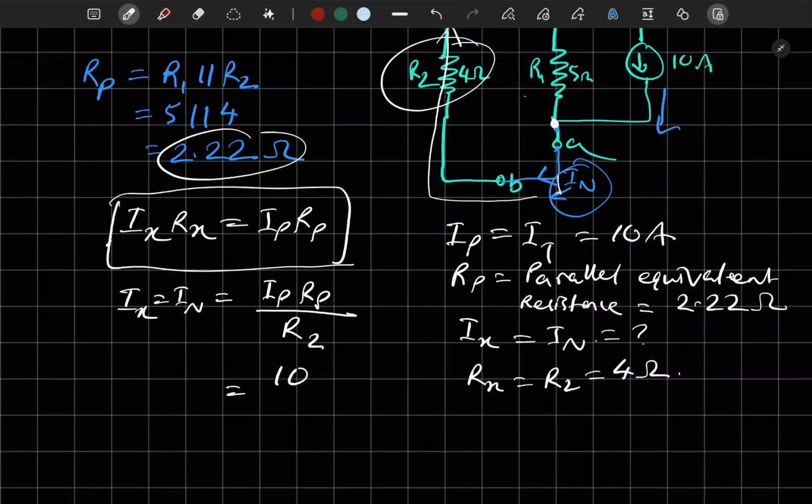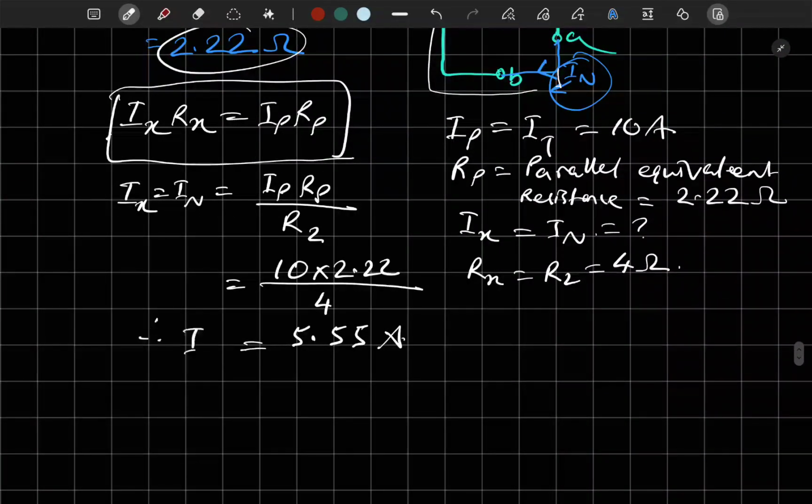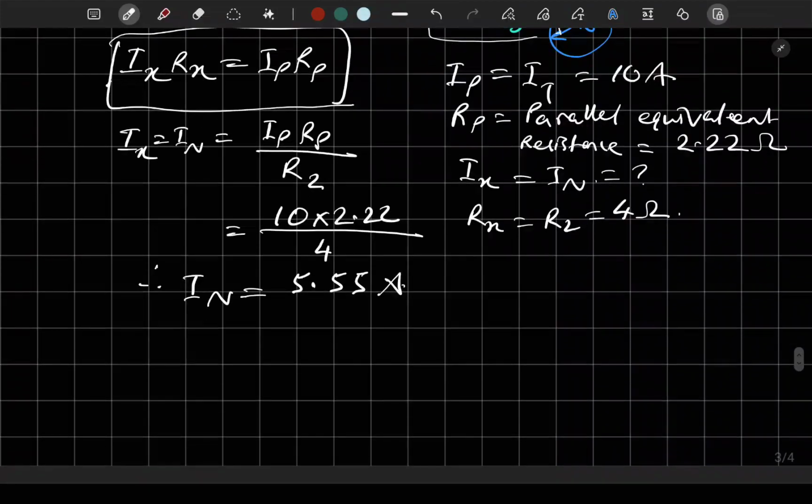IP is 10, RP is 2.22, and R2 is 4. So that equals 10 times 2.22 over 4, which is 5.55 amperes. So therefore IN is equal to 5.55 amperes.